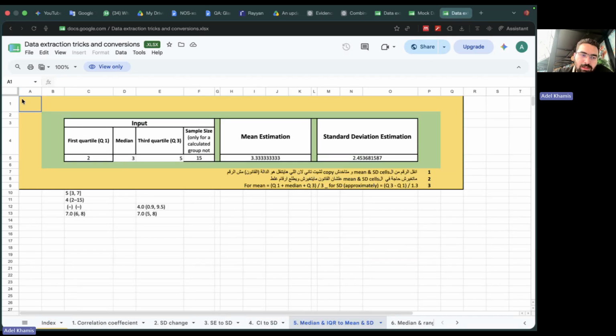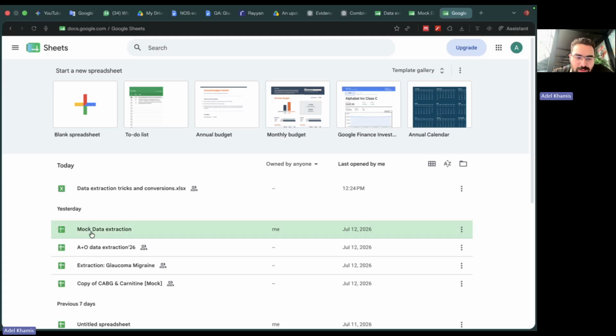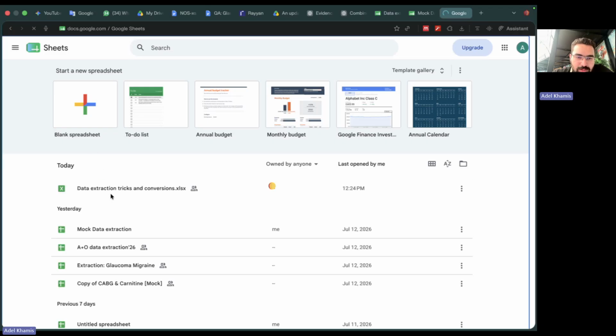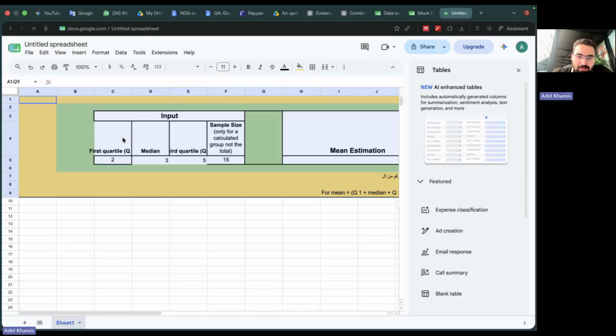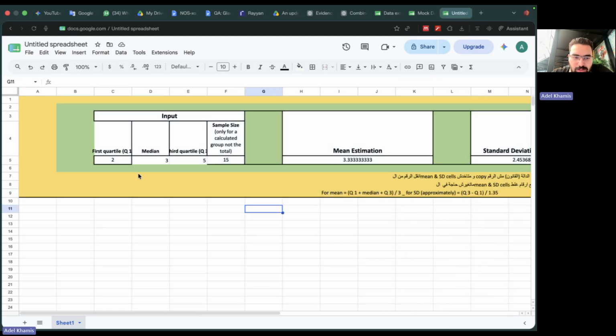So what I will do, because the file is not mine, of course, is take this, copy and paste it, and make another spreadsheet here, and paste what Dr. Anas made.